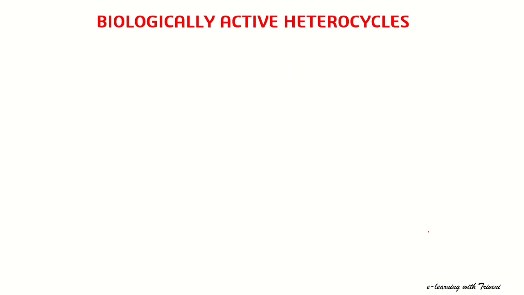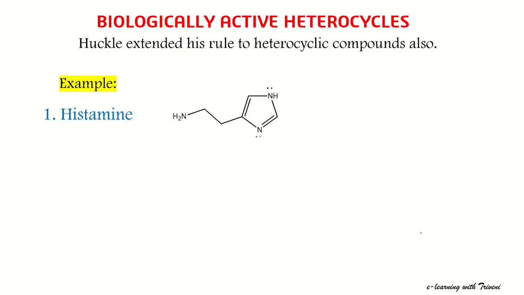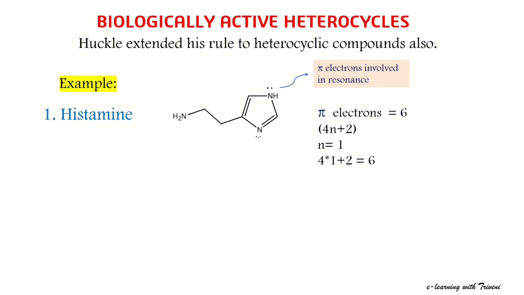of an aromatic compound. When you see biologically active heterocycles, for example histamine, it has an imidazole basic nucleus which contains 2 nitrogen atoms in the structure, and here we can observe one nitrogen atom behaves as in pyridine and the other nitrogen atom behaves as in pyrrole.